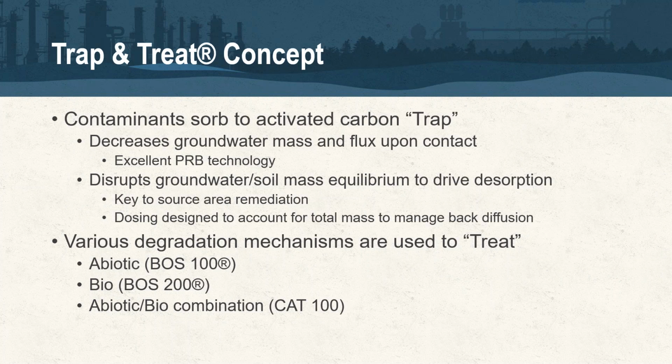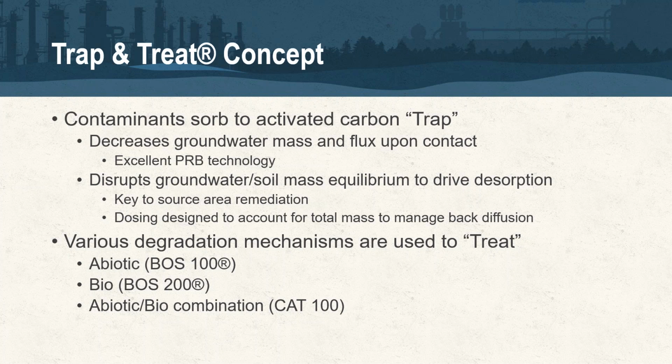So just to review what we call the trap and treat concept. And so intuitively, we're using the activated carbon as the trap component. And so depending on where you are, whether you're at that distal end of the plume or if you're in the source area, it functions a little differently.